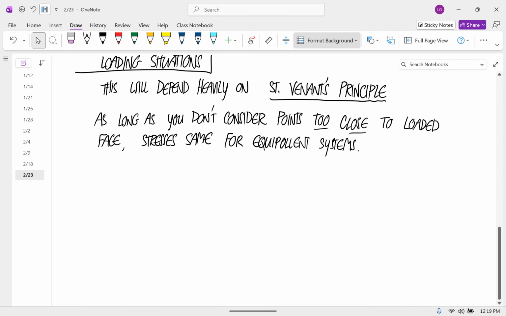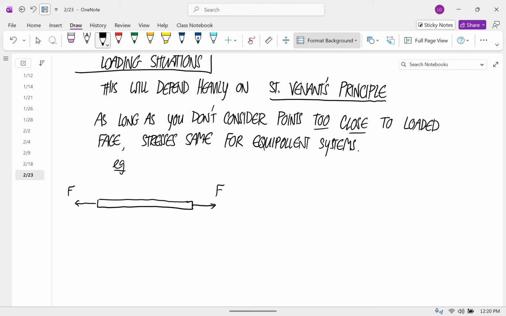Okay, so for example, if you have a beam like this that's loaded by a point force here and a point force here, and you have another beam that's loaded by a distributed load here and a distributed load here, and those distributed loads come to a total of F. Those aren't identical, but they're equipollent.